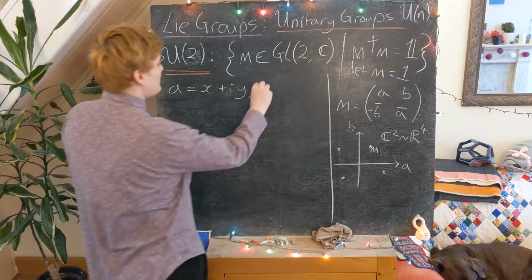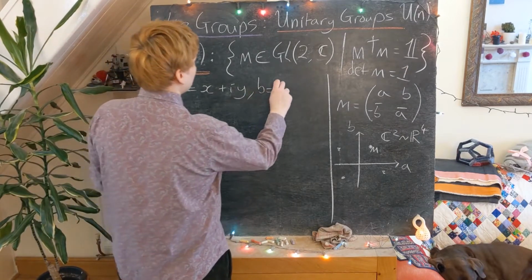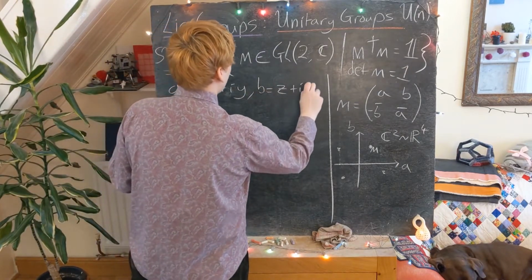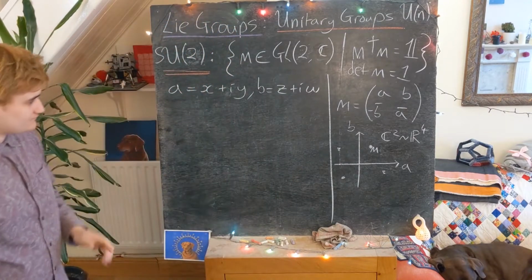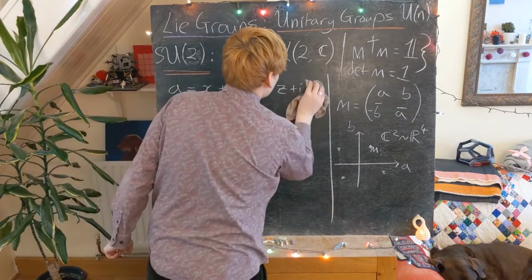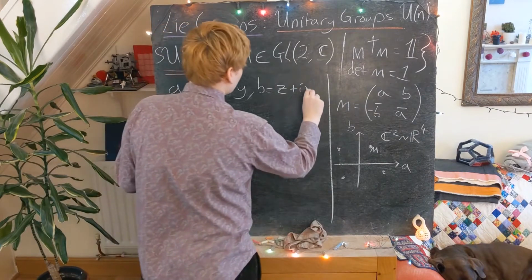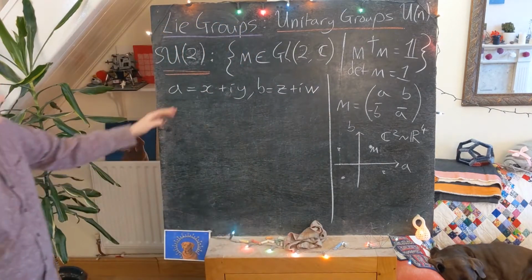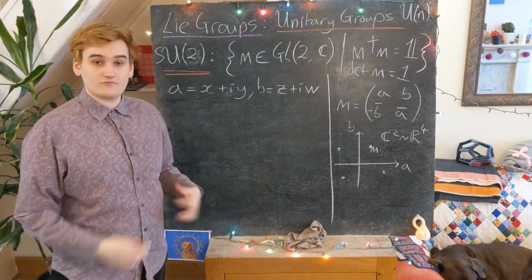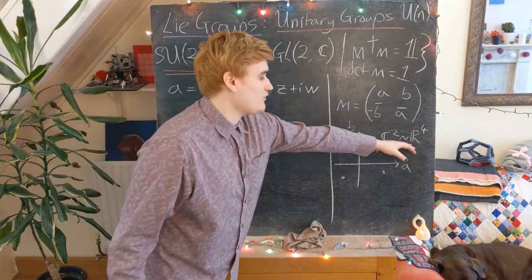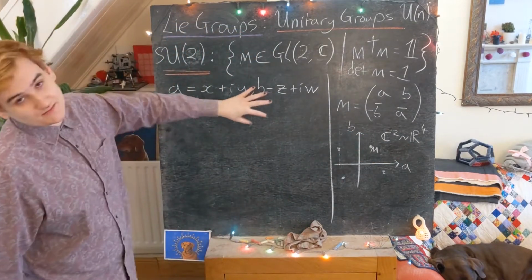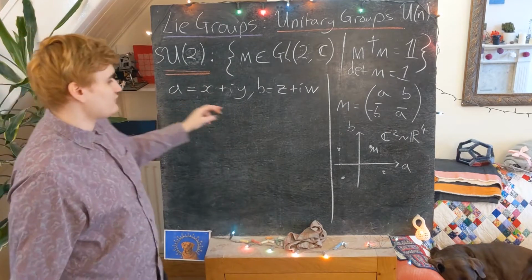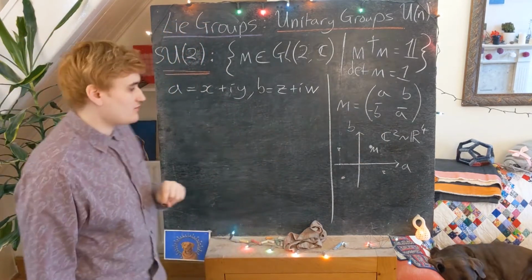A is x plus iy, and B is going to be z plus iw. That maybe looks too much like an omega. So w. So these are now going to be my four real coordinates of R4. And we're using these four real coordinates to represent the two-dimensional complex space.